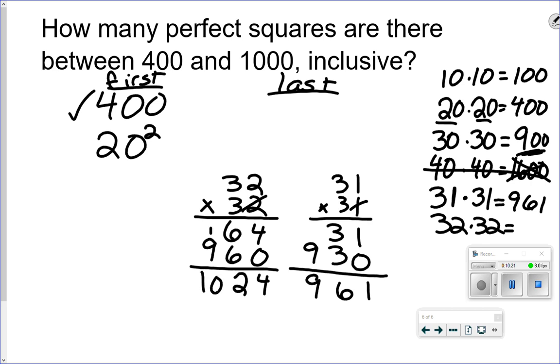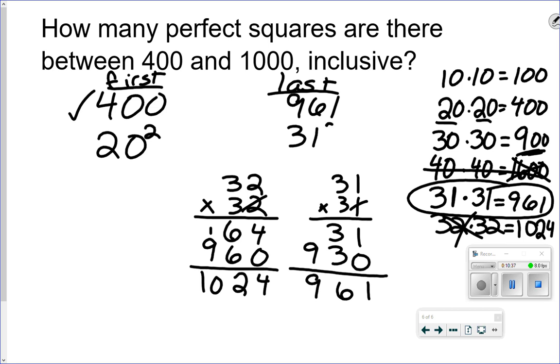And it goes over 1,000. It's 1,024. So we can't go over, so that means we can't use 32. What that tells me is that my biggest perfect square that doesn't go over 1,000 is 961, and I get that by doing 31 squared.